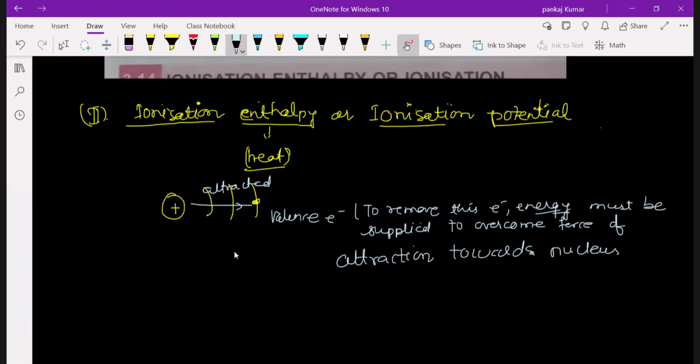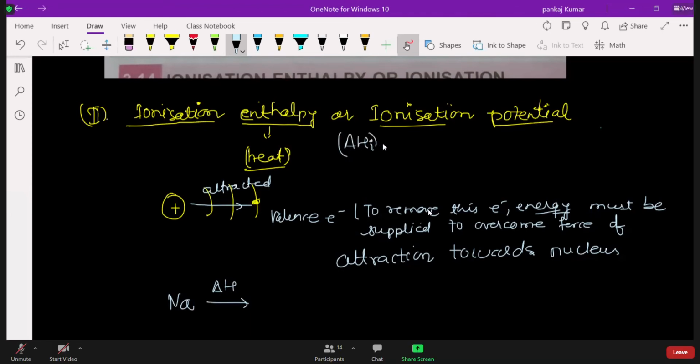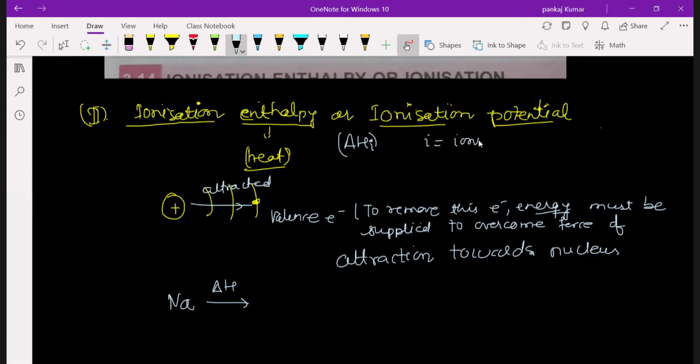I will write the definition. Suppose this is sodium. If you want to remove the first electron, we have to apply energy. It is written as delta H, or we put the value I. I means ionization energy, meaning to convert into ions. Delta H means change in heat. So if you give delta H1, it becomes sodium plus and one electron.